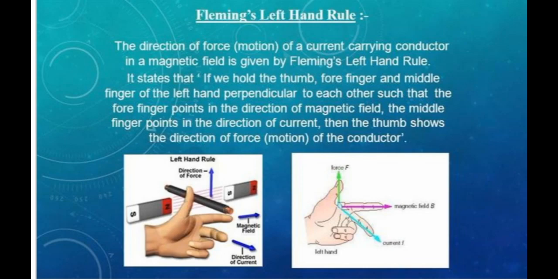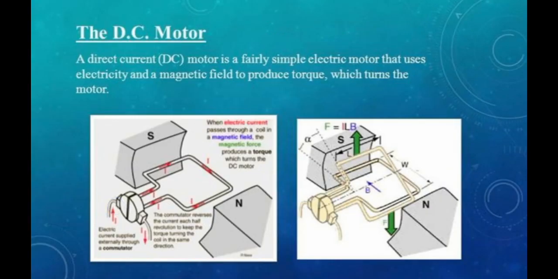And the third quantity, the force or motion of the conductor, we can find out by using Fleming's left hand rule. Then we have an application of Fleming's left hand rule, that is the electric motor. An electric motor is a rotating device which converts electrical energy into mechanical energy.